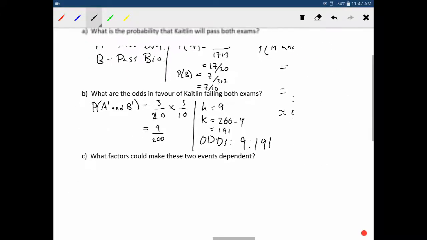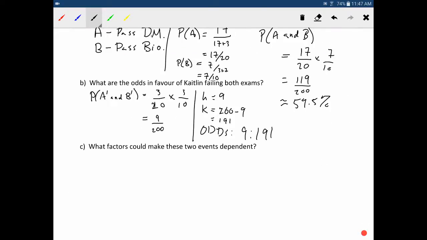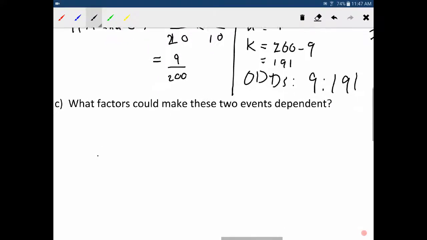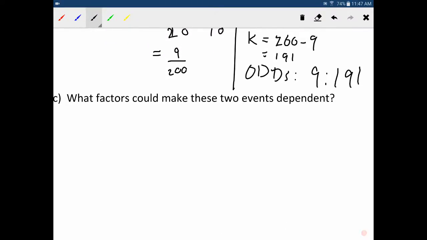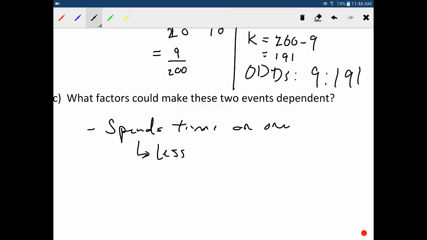Okay. All right, so what factors can make these two events dependent? And so this just means, like, why is it in real life that one of these things would affect the other? And there's lots of different reasons here. Obviously, if she spends too much time on data, or spends time on one, that means less on the other.